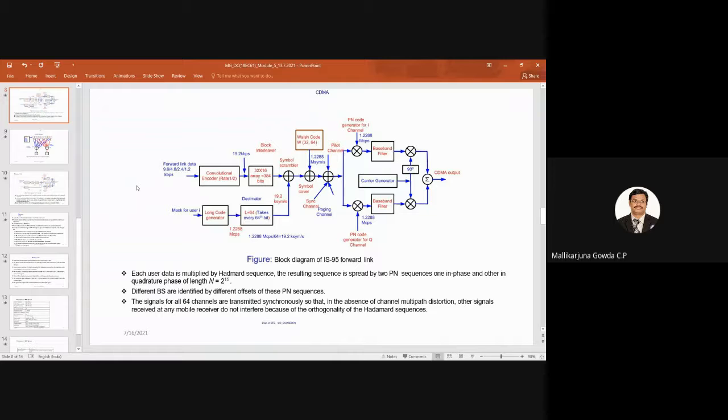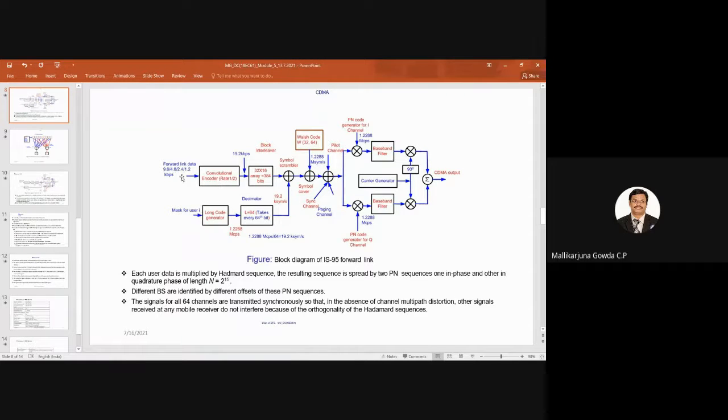This variable data rate is passed through a convolutional encoder with a coding rate of 1/2, having a constraint length, which we denote by the capital letter L, equal to 9, right? When the data rates are 4800, 2400 and 1200 bits per second, since the coding rate is 1/2, the 4800 is multiplied by 2 to get 9.6 kbps.